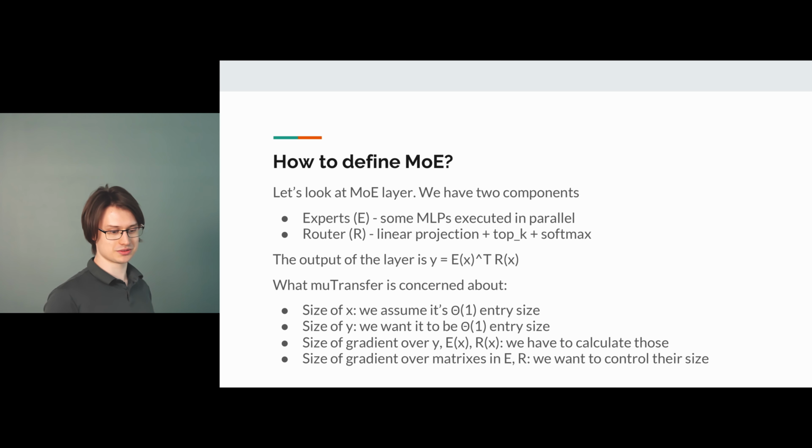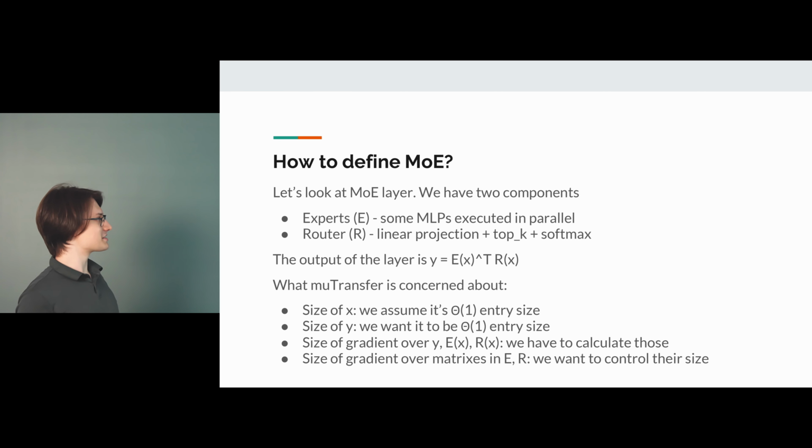And then we had to define MOE mathematically. There's an easier way than saying there's some kind of conditional computation: you just multiply the router by the experts. This is the output of the MOE layer if you don't care about any speedups. What we had to do is get the size of the input right, but this we assume in this mathematical framework.